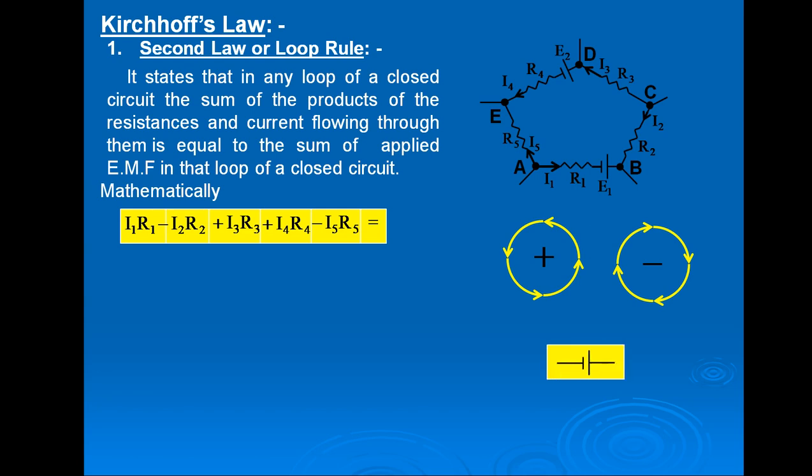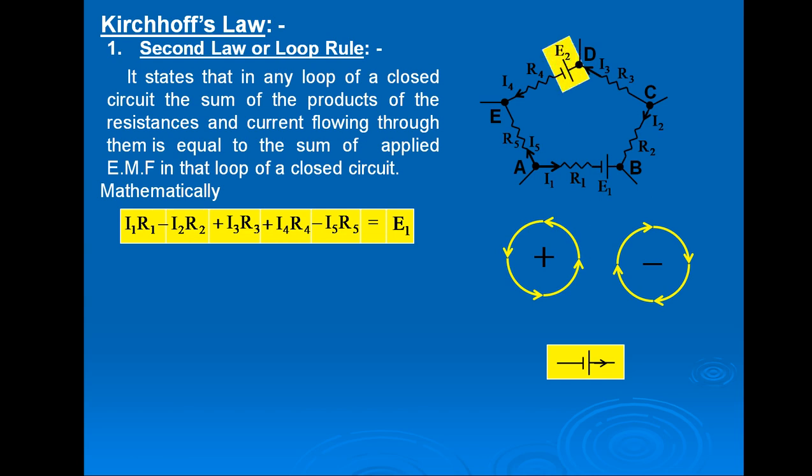Now in the cell, current is flowing away from positive terminal, and in the cell E1, due to cell E1, current will flow in anti-clockwise direction, and in anti-clockwise direction we have taken positive sign, so this must be equal to plus E1.